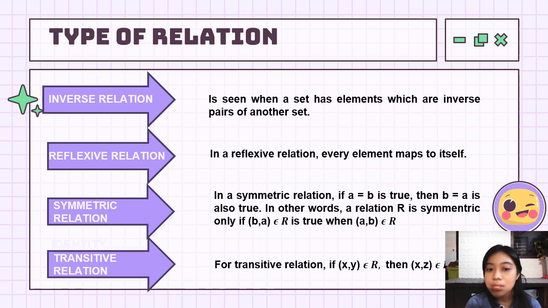In other words, a relation R is symmetric only if (B, A) is an element of R when (A, B) is an element of R. And the last is transitive relation. For a transitive relation, if (x, y) and (y, z) are elements of R, then (x, z) is an element of R.